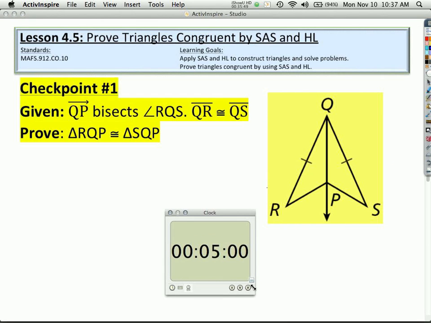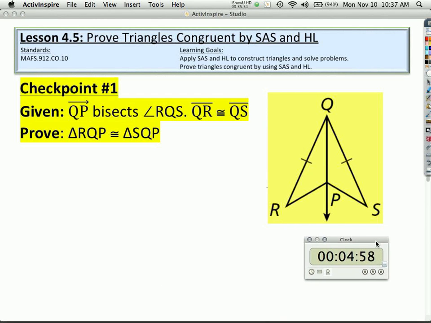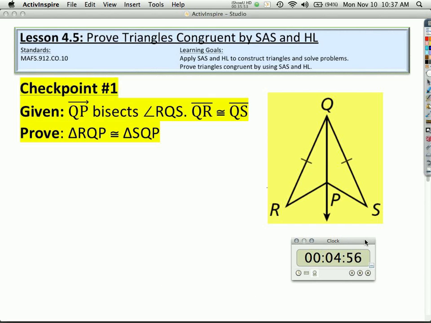You may discuss with a teammate, anything that you would like. Keep that thought in your mind of the evidence that you're trying to gather. How many pieces of evidence do you need?